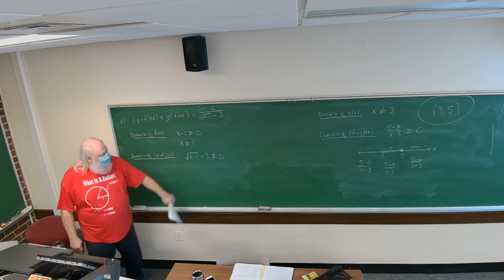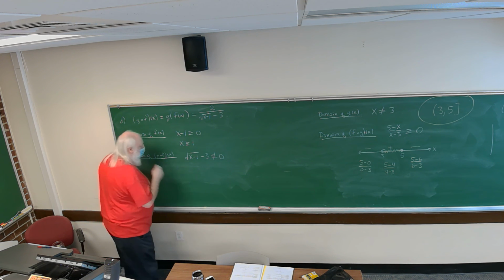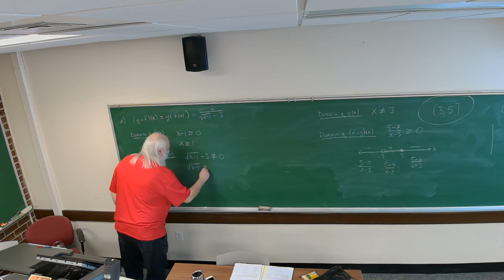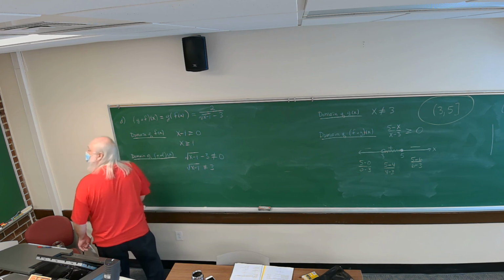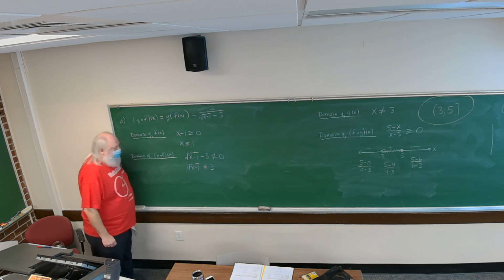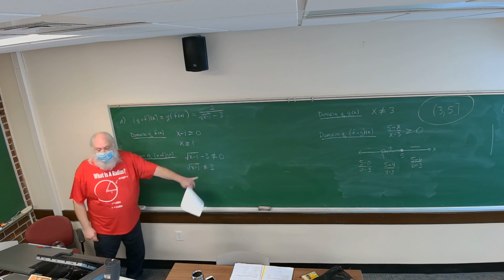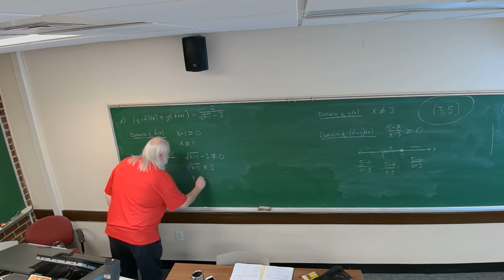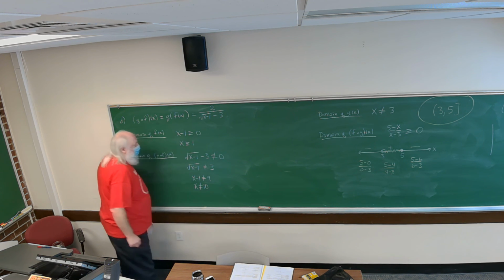So now when we solve for x, we add 3 to both sides. The square root of x minus 1 can't equal 3. And then when we square both sides, we have x minus 1 can't equal 9. And when we add 1 to both sides, we get x can't equal 10.